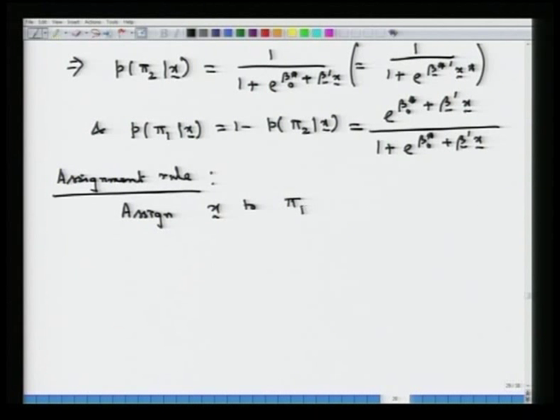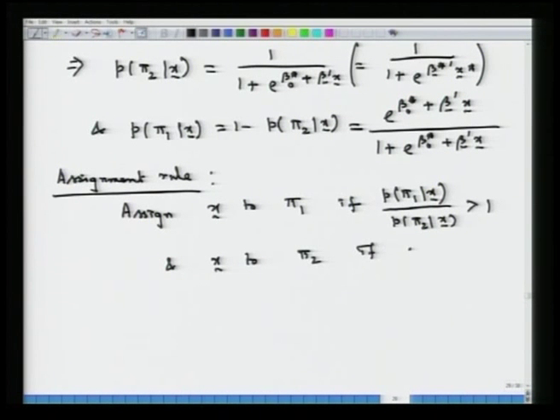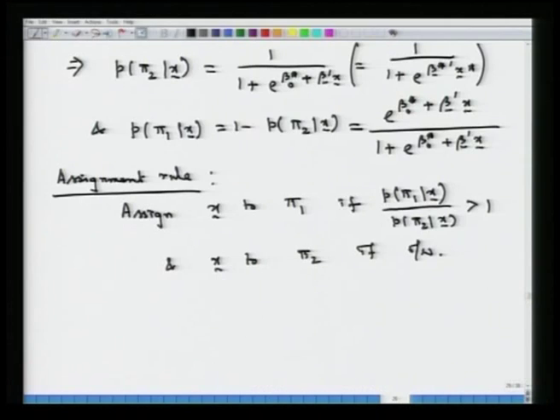That is, assign x to pi 1 if we have P pi 1 given x greater than P pi 2 given x, or in terms of this odds ratio, if this ratio is greater than 1, and x to pi 2 otherwise. So, that is basically the assignment rule that we get if we look at such a formulation, where the log odds ratio satisfies that particular relationship with the explanatory variables, the feature vector which is contained in x.